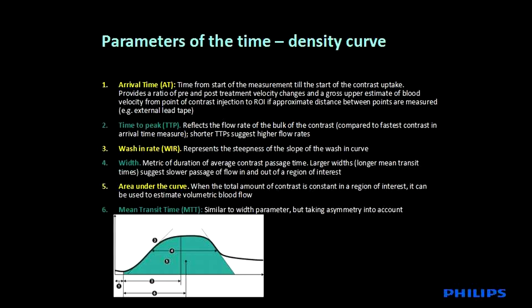The first one is the arrival time, which is simply the time it takes from the injection point to the region of interest for the contrast to reach. The second one is the wash-in rate. This is the slope of the curve, and it shows how quickly the contrast is flowing into a certain region. And the third one is the area under the curve, which could be representative of the amount of blood flow in a certain region.